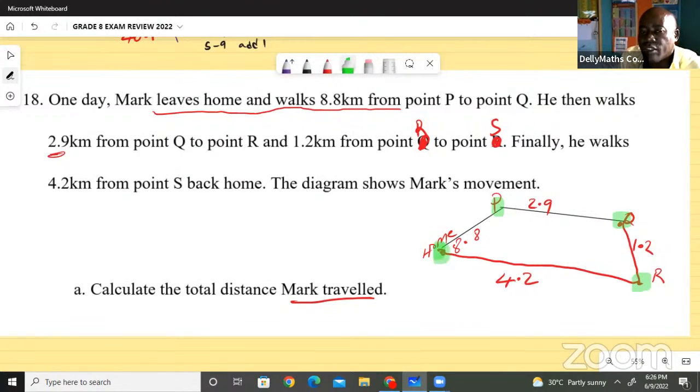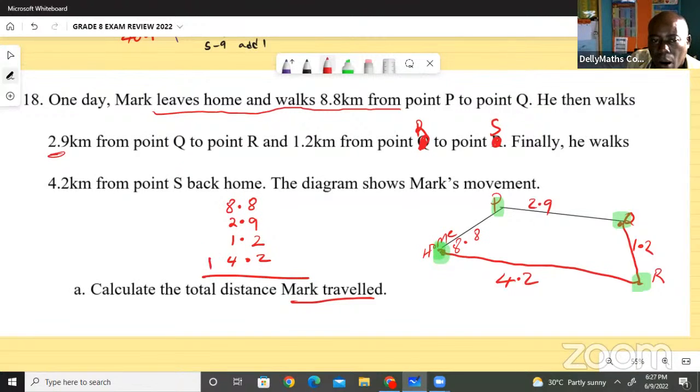So all you have to do is add up all of these numbers. We're going to line them up and add them up. We could start with 8.8, 2.9, 1.2, 4.2. So we are adding up all of those distances.